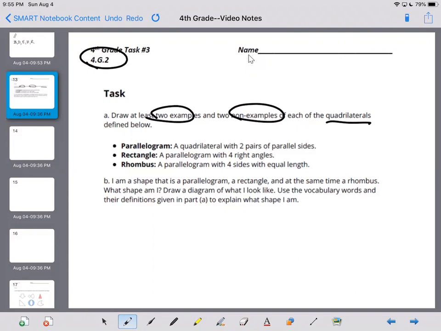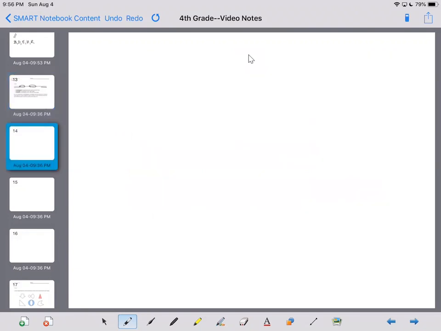And by drawing examples and non-examples for each kind of shape, students get to explore these different properties and how they relate to their prior knowledge and the attributes of a square. So let's start with the parallelogram. Be able to draw examples and non-examples.